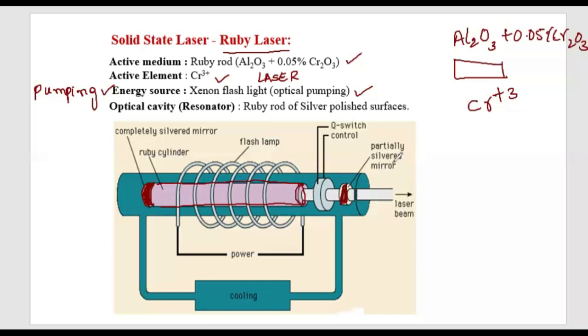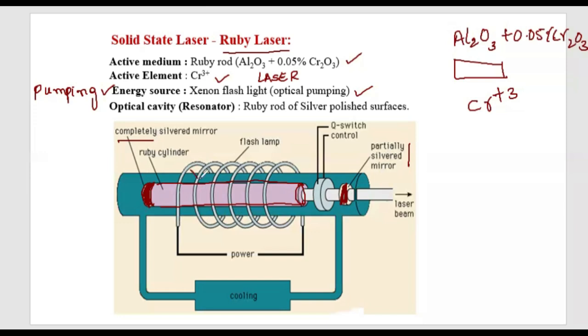One side is partially silvered and one side is completely silvered. And this ruby rod is placed in a cylinder, and in that cylinder there is a xenon flash lamp, which is wound around the cylinder.